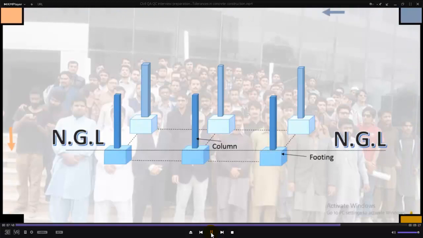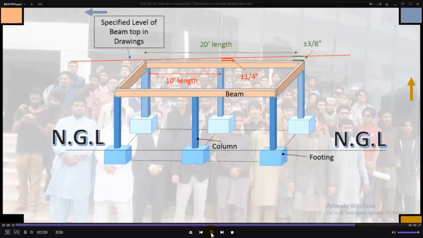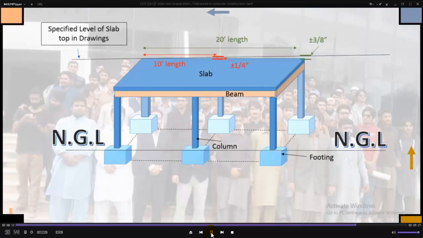The dark dotted line shows the specified level of column top in the drawing. So according to ACI, you can move up or down from the specified level up to plus minus 1/4 inch per 10 feet and plus minus 3/8 inch per 20 feet as shown here. The same criterion is for beam and slab levels.